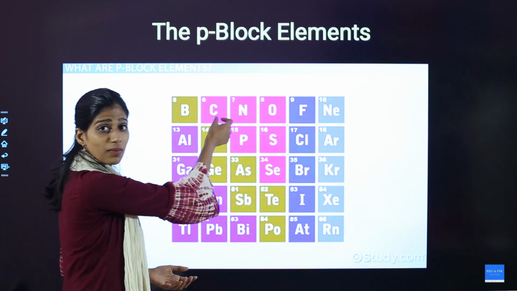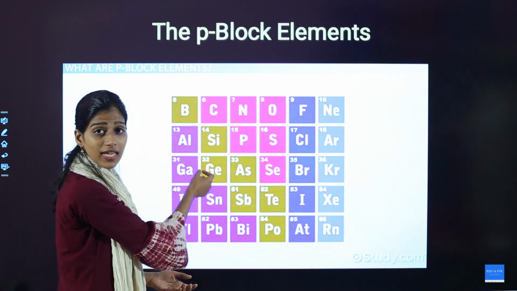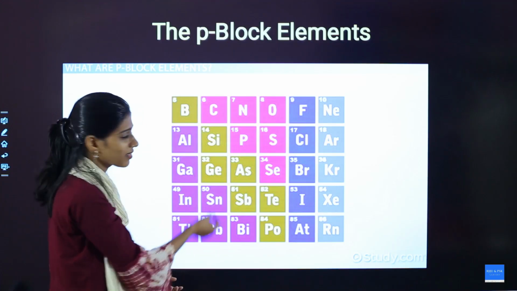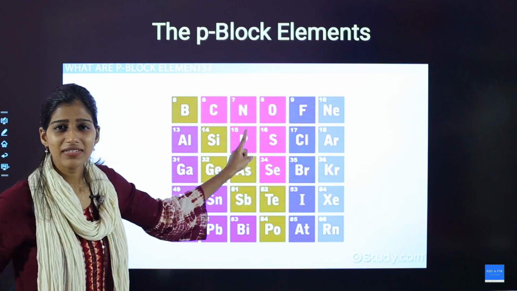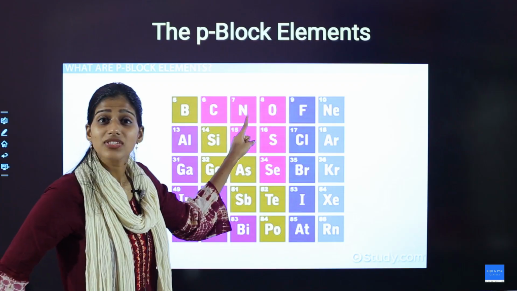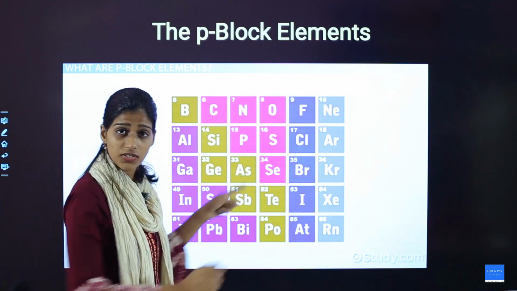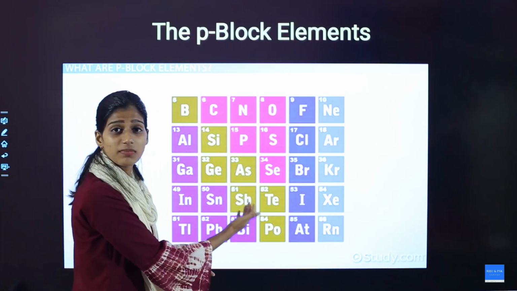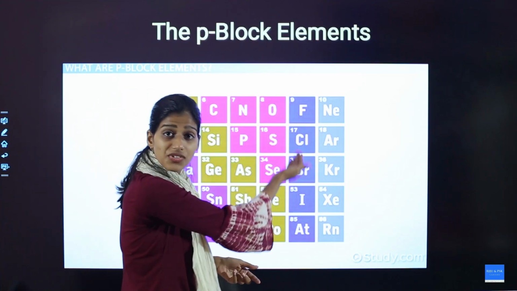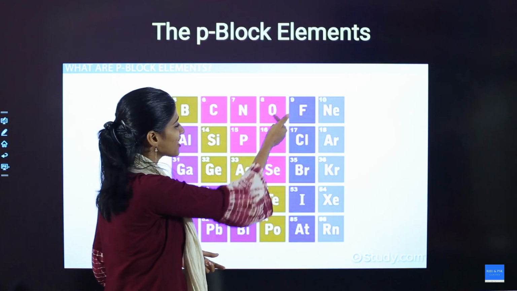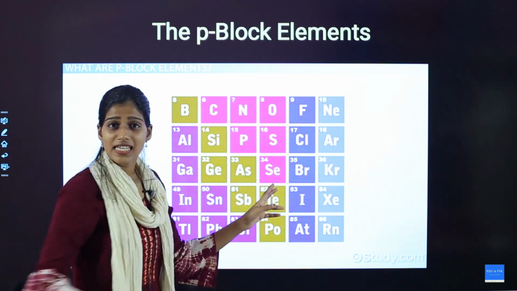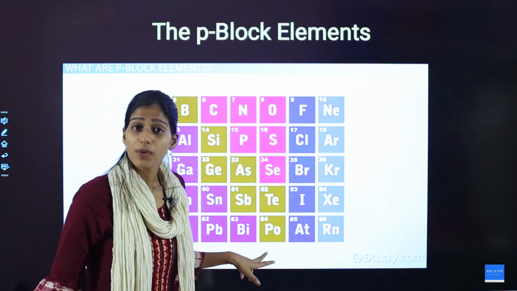The 14th group is carbon, silicon, germanium, tin, lead. The 15th one, yes, children, tell me what are they? It is nitrogen, phosphorus, arsenic, antimony, bismuth. The 16th one: oxygen, sulfur, selenium, tellurium, polonium.